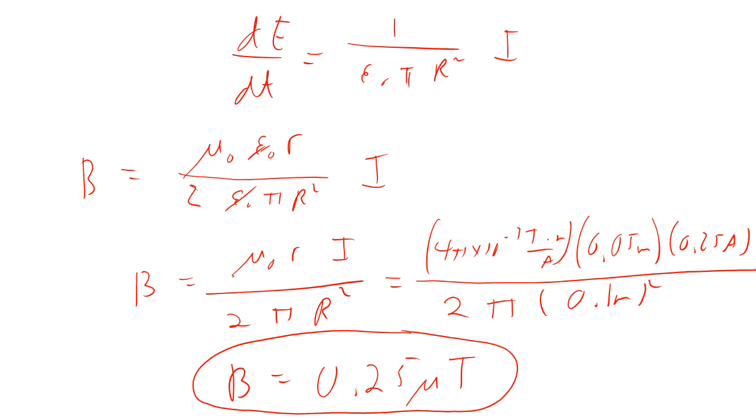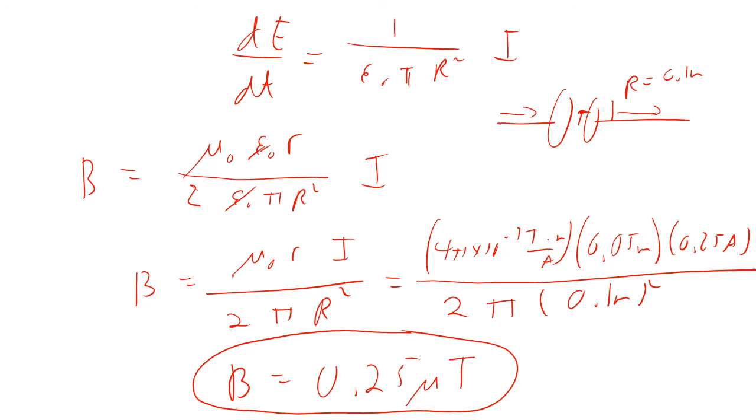So that's the magnetic field at that spot 5 centimeters away from the center of the capacitor we're charging. Again, we have current flowing in and out, the capacitor has a radius of 0.1 meters, and we're looking at a spot inside the capacitor about halfway out from the center.